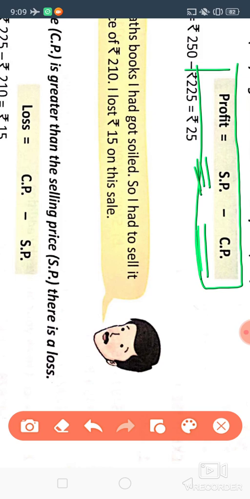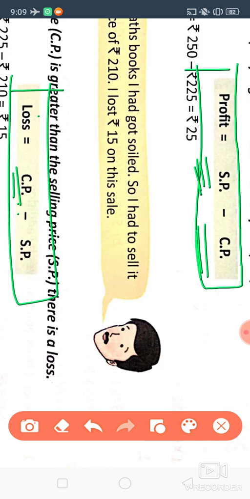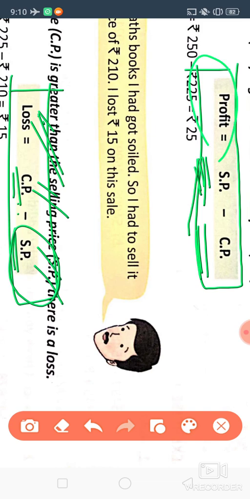Then the second formula, loss: loss is equal to CP minus SP. When will there be loss? When you are selling for less money. When you are selling for more money, you will be in profit. So profit is equal to SP minus CP, loss is equal to CP minus SP.